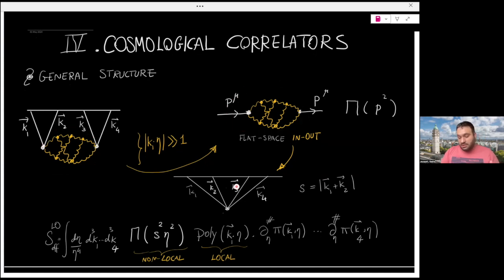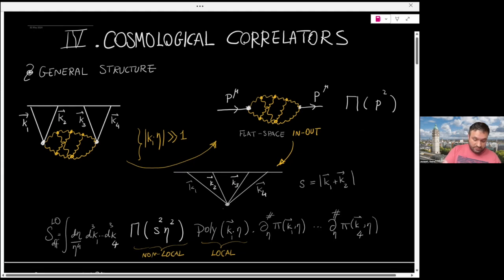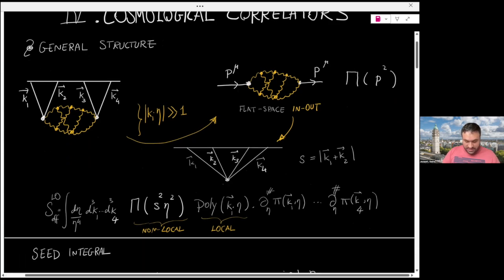So we can work with some in-out Feynman graphs that contribute to the 2-point function. They depend on, for example, a 4-momentum squared due to Lorentz invariance. Once I have this, I can compute the contribution of this graph to the non-local effective action for pi. This non-local effective action takes this general form.